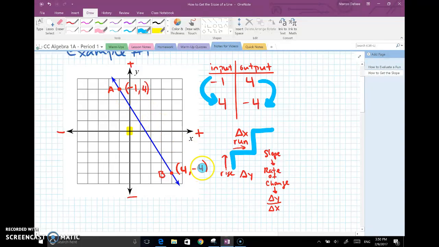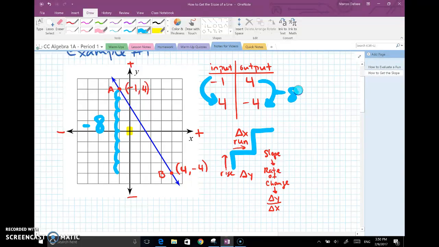So all we have to do is start here and count 1, 2, 3, 4, 5, 6, 7, 8. Okay, now I'm on the same level where point B is, even though I'm not at point B right now. Because I went down a total of 8 times, and going down means negative, this is -8.